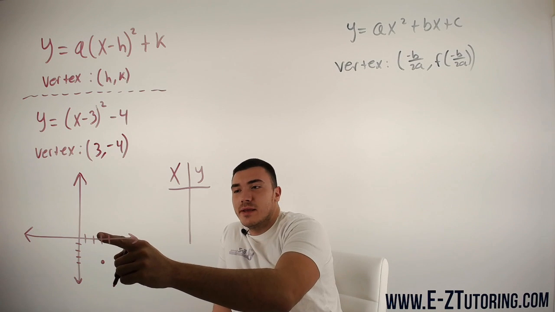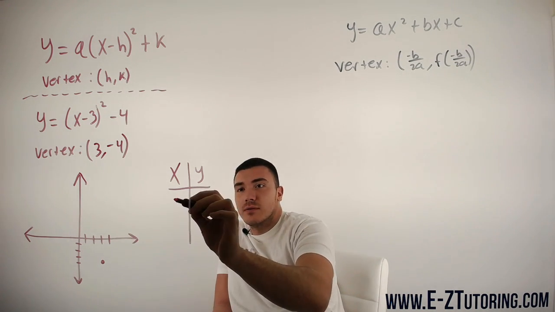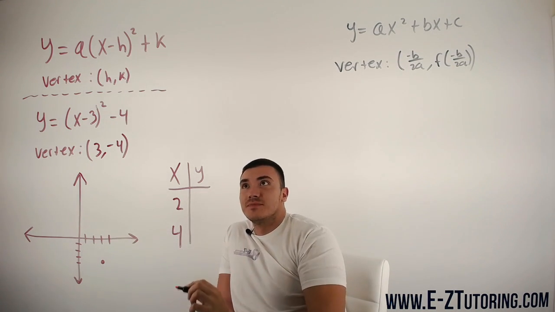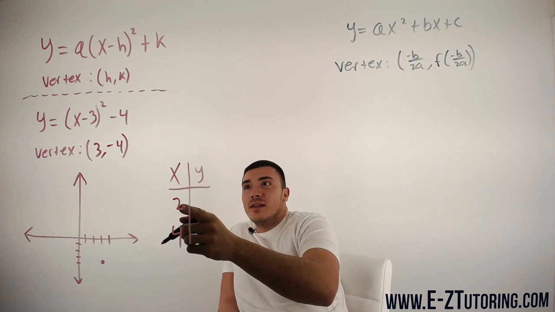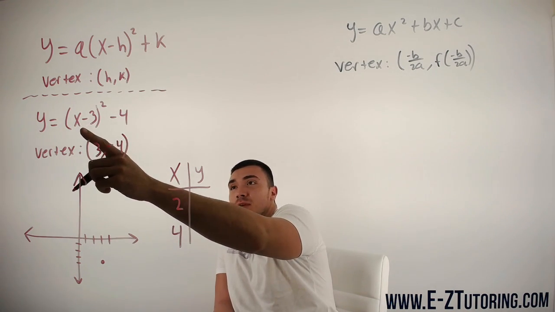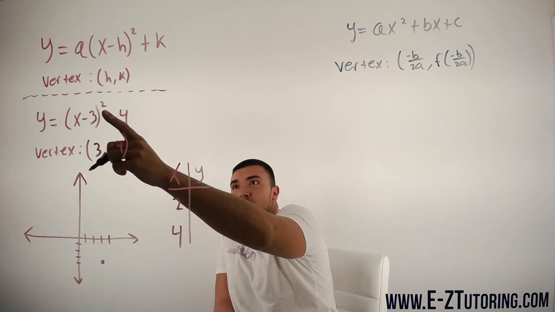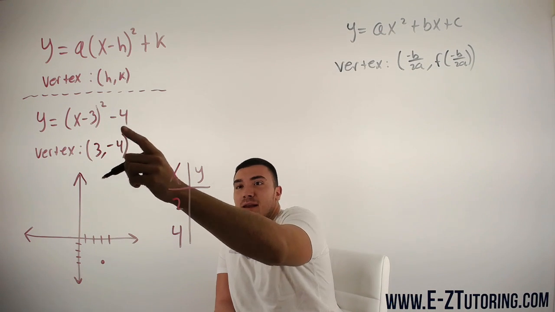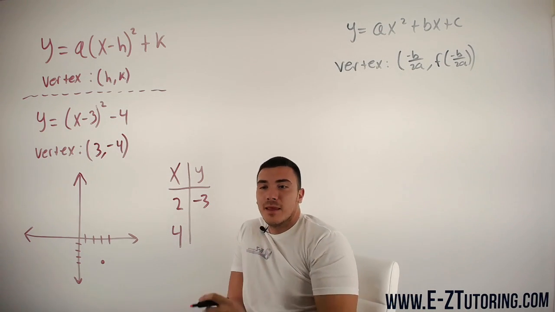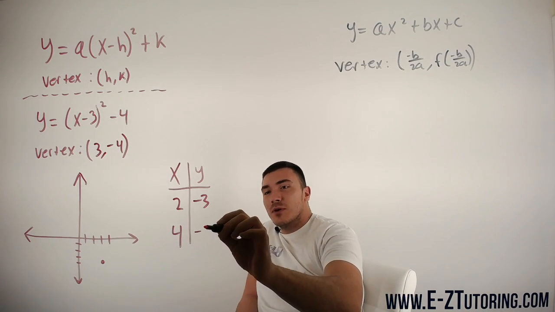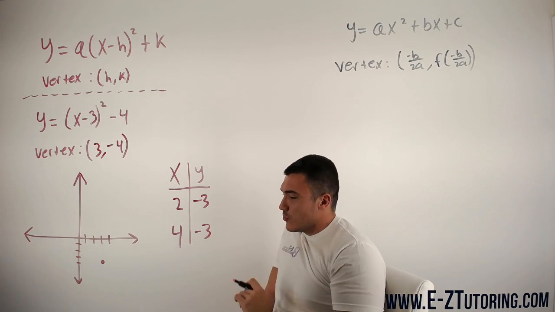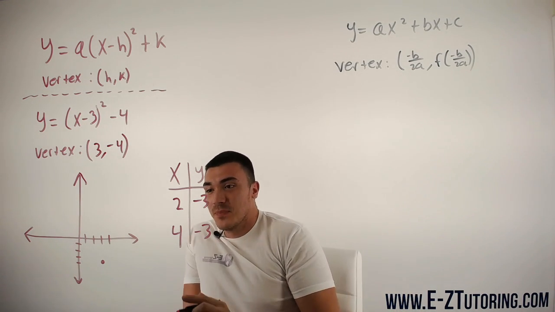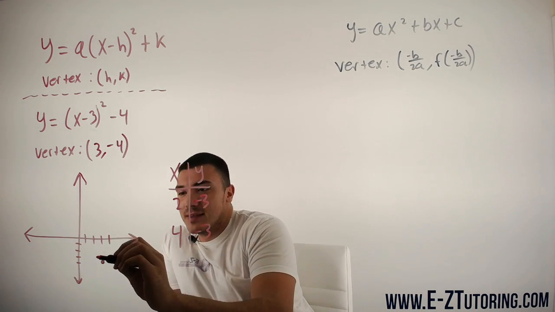So we're going to want to plug in 2 and 4. So when we plug in a 2, this will give us negative 1. Negative 1 squared is 1. 1 minus 4 is negative 3. And when you plug in 4, it will give you negative 3 as well. A little trick is that it'll give you the same thing. Now I'm going to explain why in just a second.